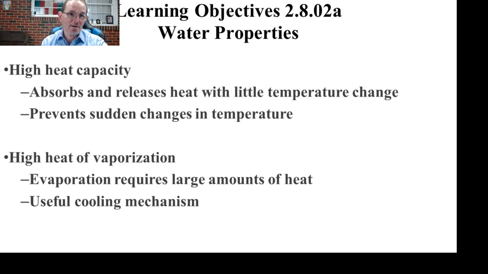Water beads up on our skin, and when that water evaporates, it sucks heat out of our body to do it. That's how we get rid of excess heat. We sweat. If we don't sweat, we've got problems. So the high heat capacity has to do with maintaining the temperature. High heat of vaporization helps us dump heat when we're in danger of overheating.